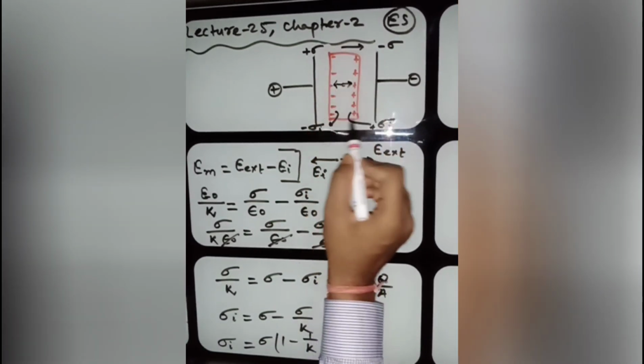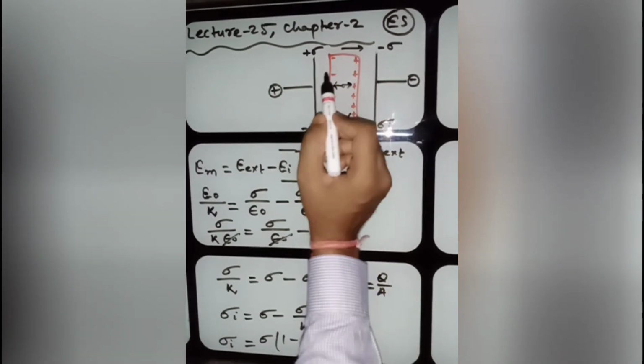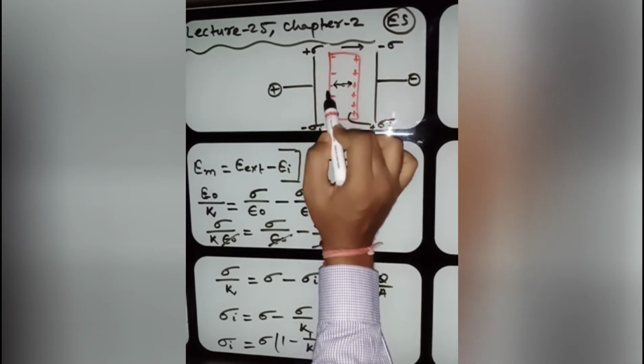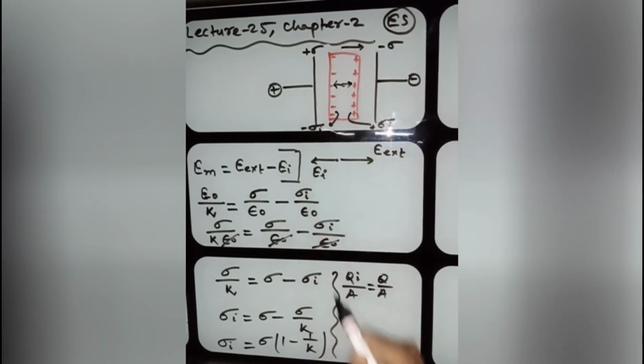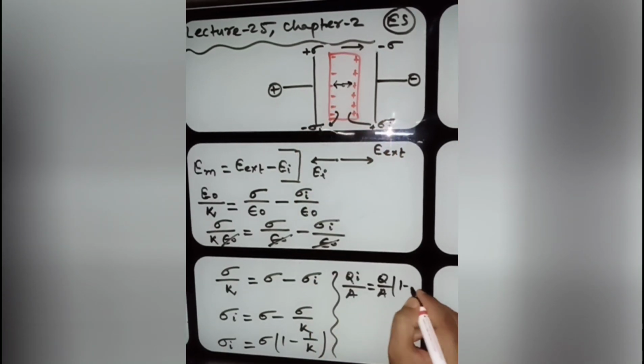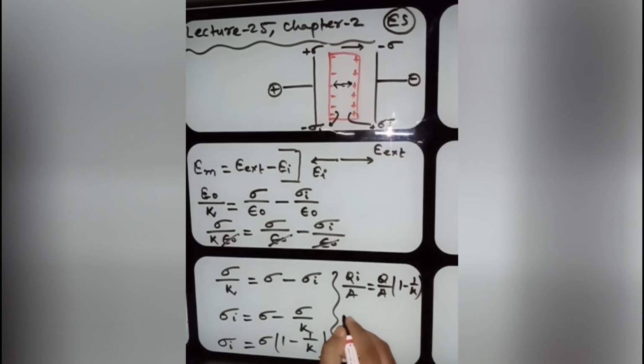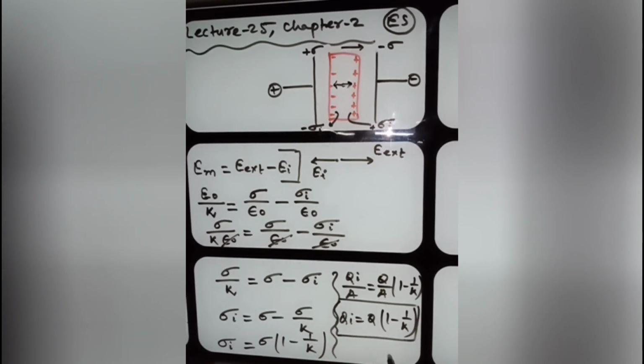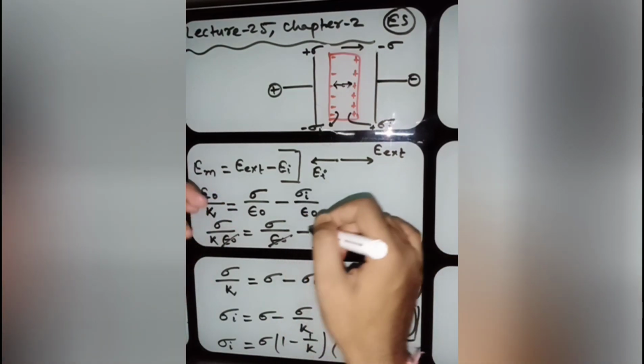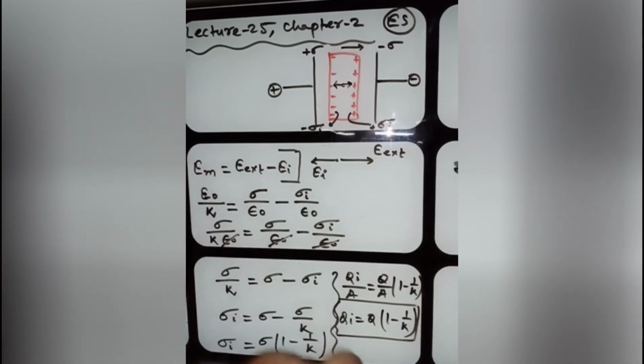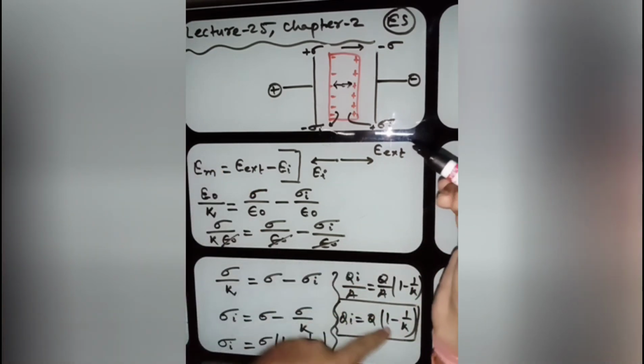Here the area of dielectric and the plate are equal, and the charge induced is Q induced, and the charge over this plate is Q. So Q induced can be written as Q times 1 minus 1 by K. If you are asked to find the induced charge, remember this is the induced charge not on the plate but on the surface, that is the edge of the dielectric material.